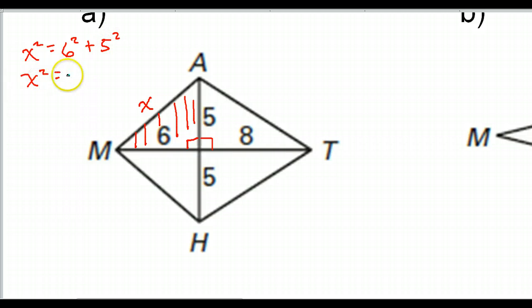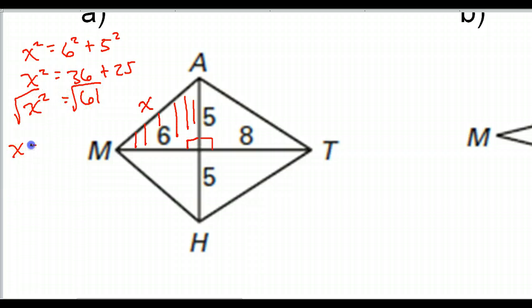That gives me X squared equals 36 plus 25, which is 61. If I take the square root of both sides, that gives me 7.81. They did say the nearest hundredth, that's why I'm making it a decimal this time.